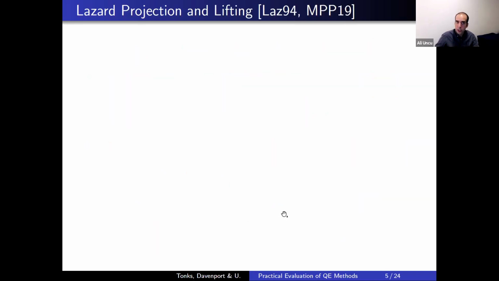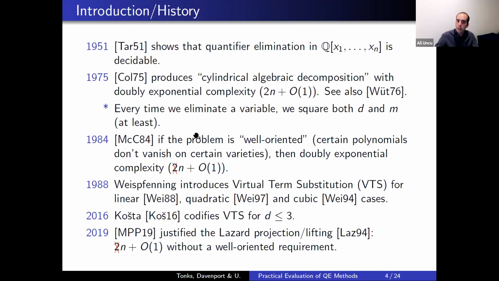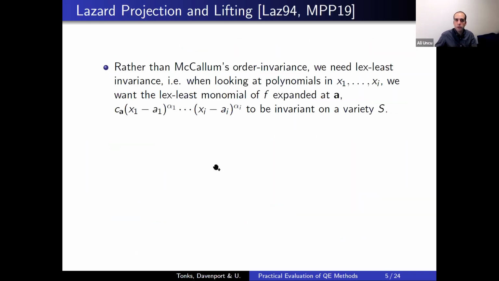Let's talk about Lazard projection and why it is maybe something that we would like to use instead of McCallum. Rather than McCallum's order invariance, where you need to pick an order, in Lazard projection we need the lex-least invariance. It is on a variety.